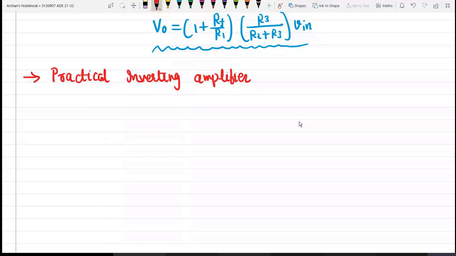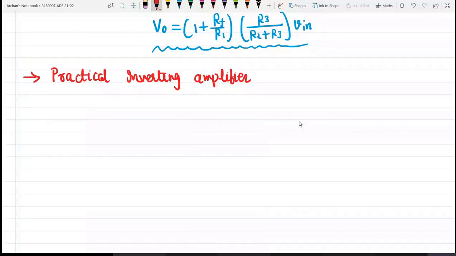So if my input resistance is not infinite, then the op amp input current will be a finite value. Second, open loop voltage gain will also not be equal to infinity. Okay, there will be some definite gain. Say in case of IC 741 we have the value of 2 into 10 raised to 5. And third thing, output resistance will also not be equal to 0.